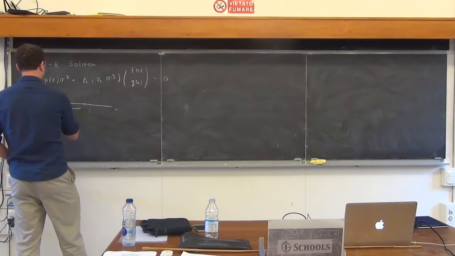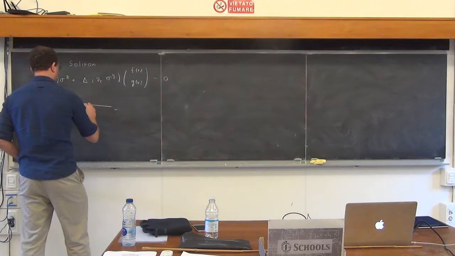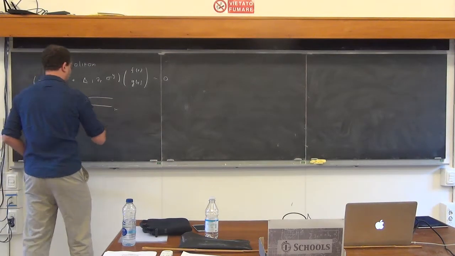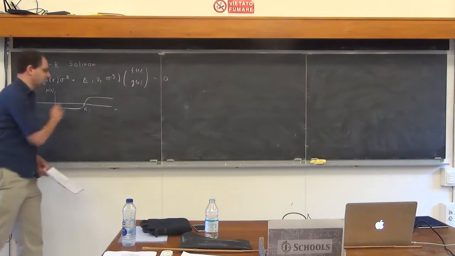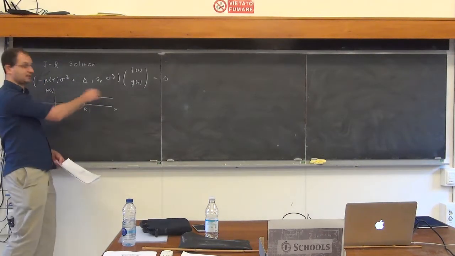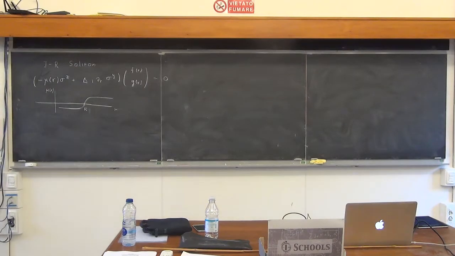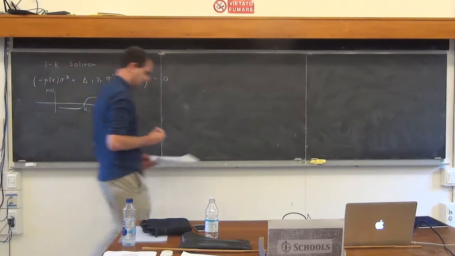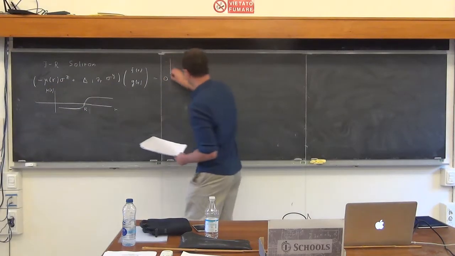If mu of r for r much less than capital R is, say, negative, and for r much bigger than capital R is positive, it doesn't matter what the profile is. You can always find a normalizable solution. I'll leave this as an exercise. It's a very, very simple exercise.